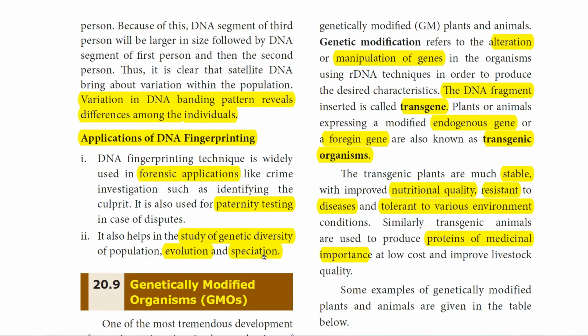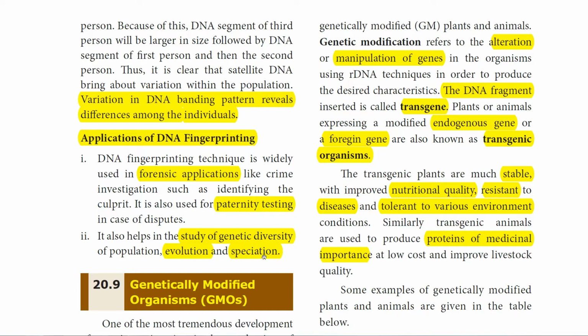We can alter the gene in an organism through rDNA technology. The DNA fragment which is inserted into the organism is called the transgene, and the plants or animals expressing this foreign gene in their body are called transgenic organisms.